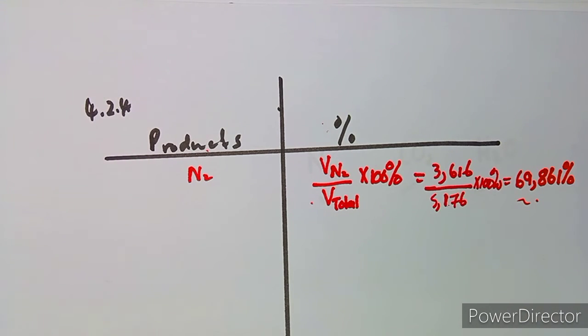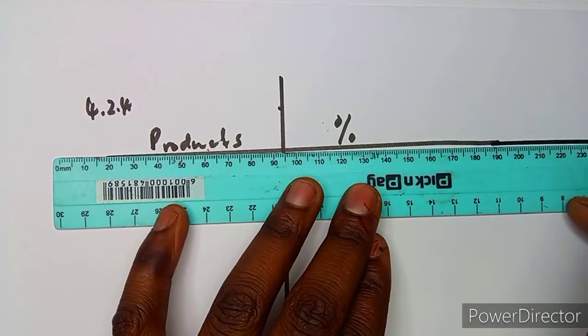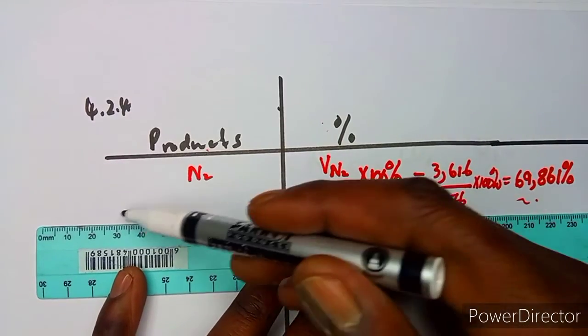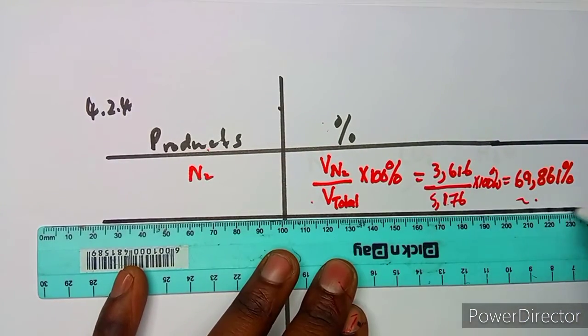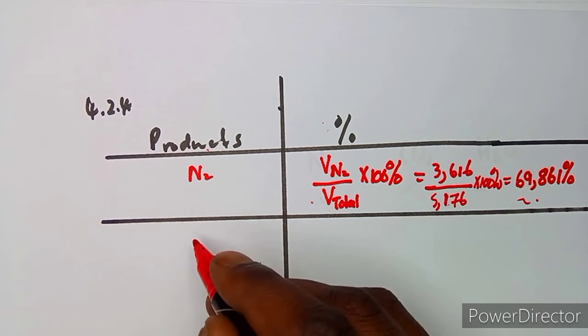We move on to the other product. And this thing, guys, it reacts when you are drawing these lines. Anyways, our other product is carbon dioxide.